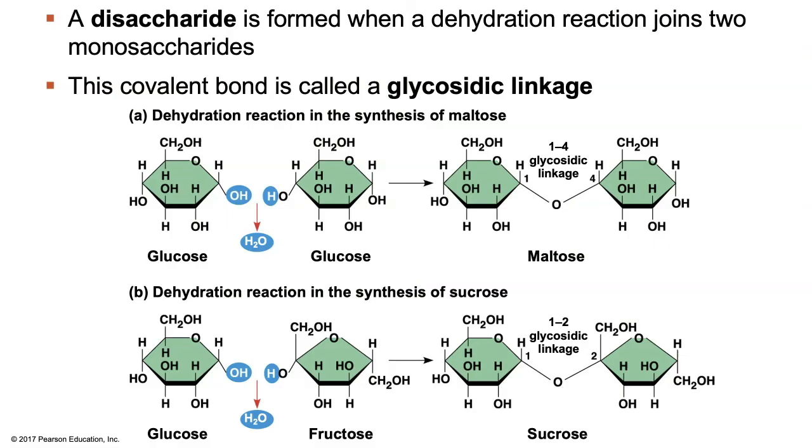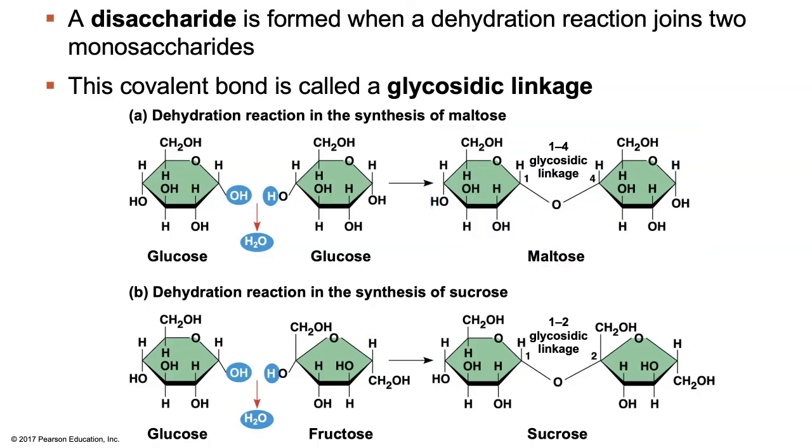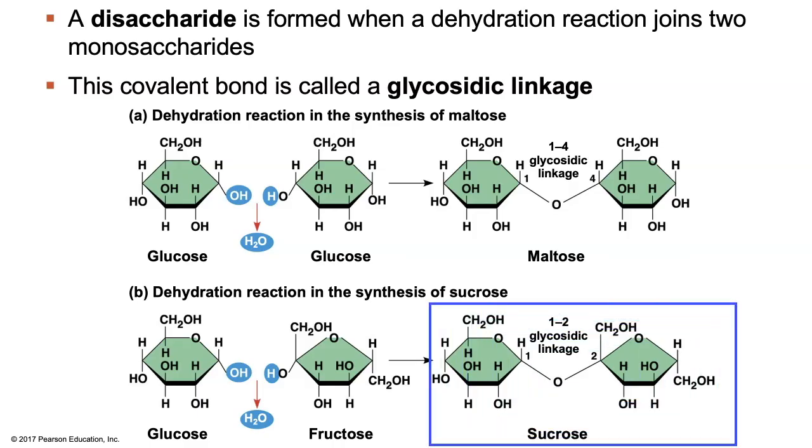When you join two glucoses together with that glycosidic linkage, you synthesize the disaccharide called maltose. Image B shows another dehydration reaction. This time we're joining glucose and fructose together with a glycosidic linkage, and we are synthesizing sucrose, which is table sugar.